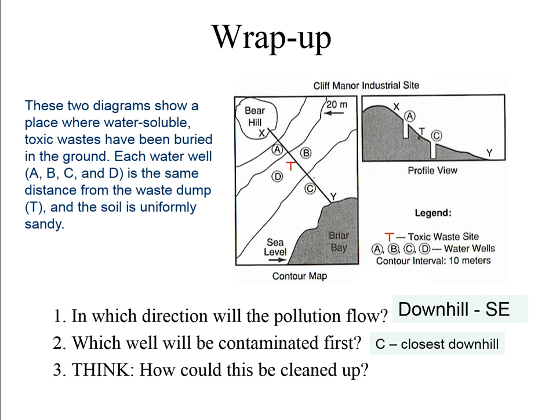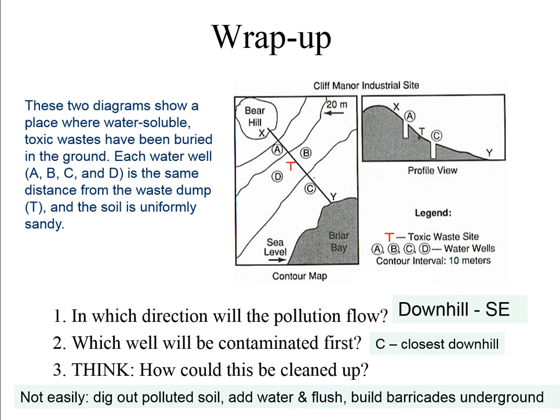There are many ways it can be cleaned up, but they're all hard. You can just dig up all the soil. Let's dig up a hill and wash it and clean it and then replace it with good soil. Not exactly easy. You can squirt more water in and suck out the polluted water, more water, suck out the polluted, and end up essentially cleaning the soil in place.